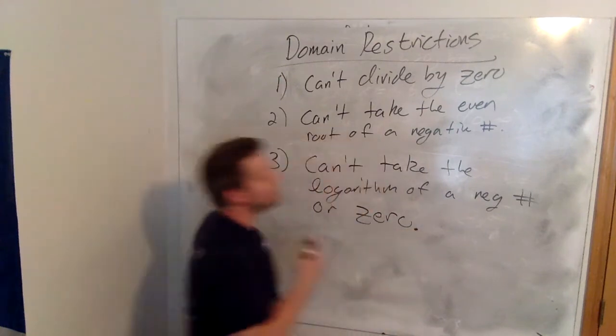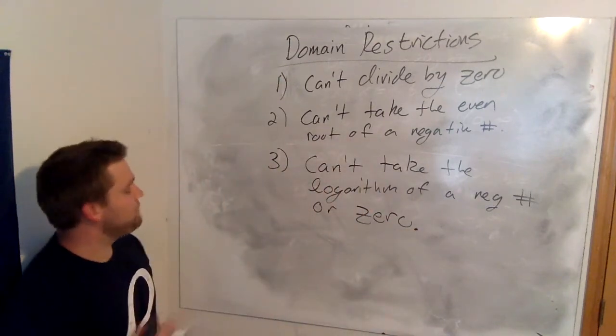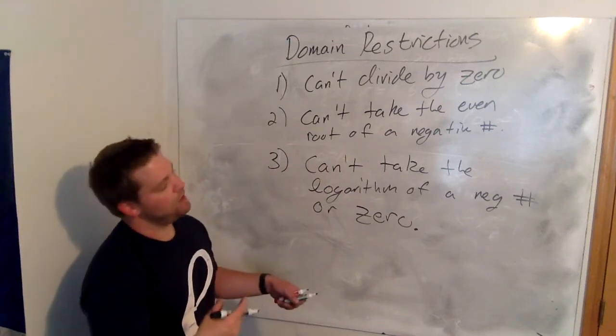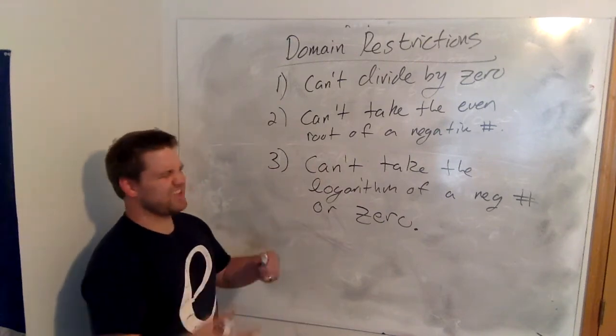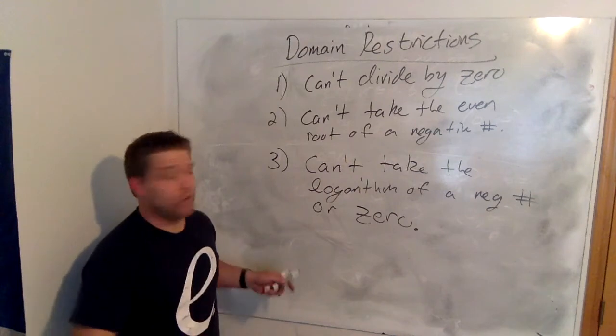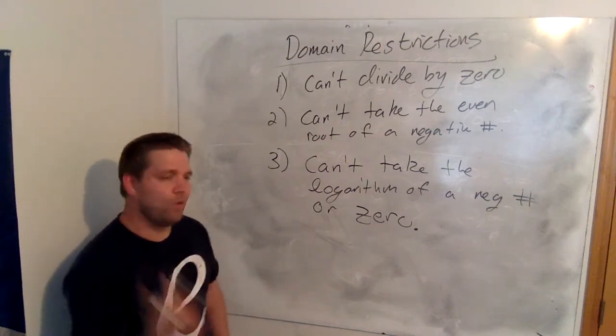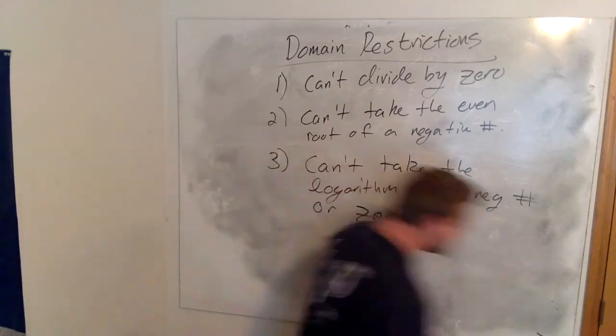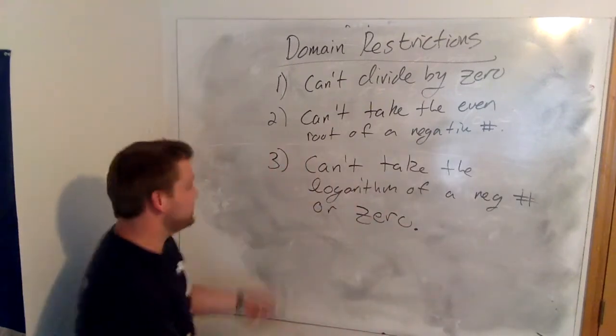We always have to remember this. These domain restrictions aren't something where you get through this section of the class and never have to remember them again. No, through the rest of your math career, you're always going to be asking yourself domain questions. It's super important.